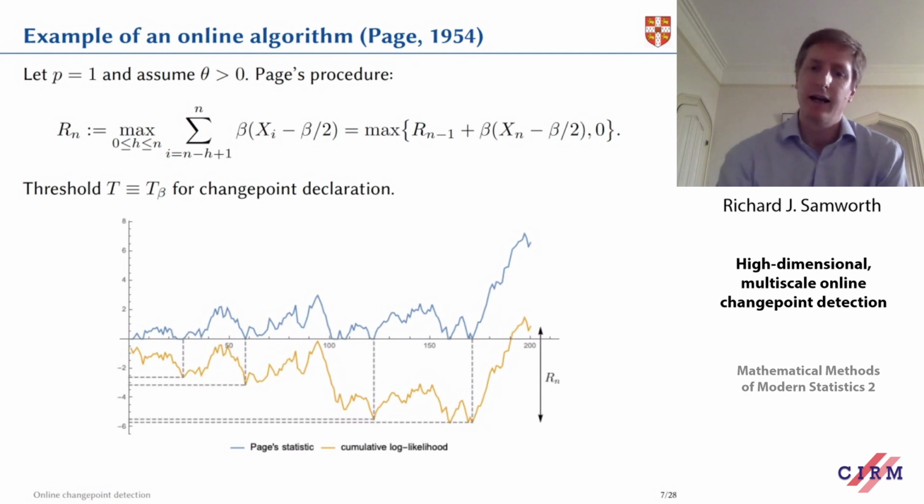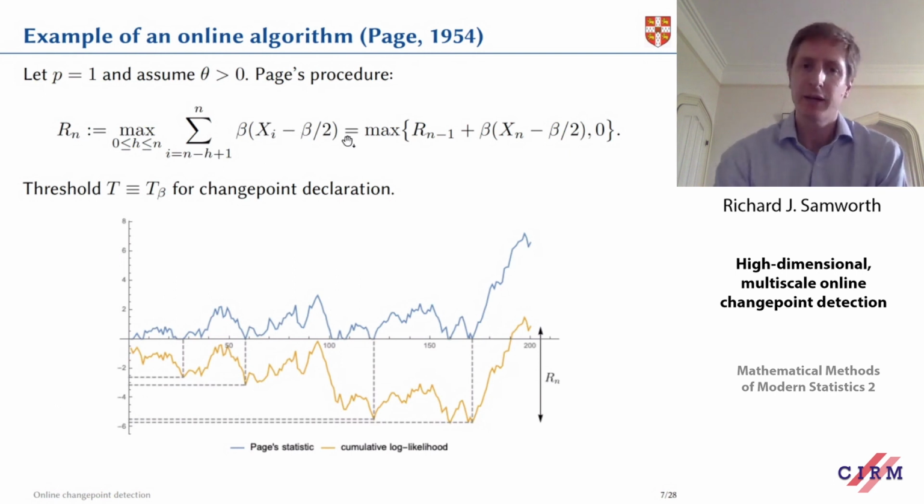So we can look at actually what Page's statistic is. It's his blue curve, and that's representing the difference between the cumulative log likelihood at the current time and the global minimum up to this time. And so this hits 0 at various times, and these times are renewal points of the process. So it's as if the process starts again whenever you hit 0.